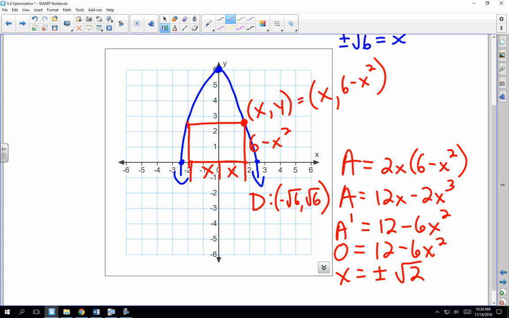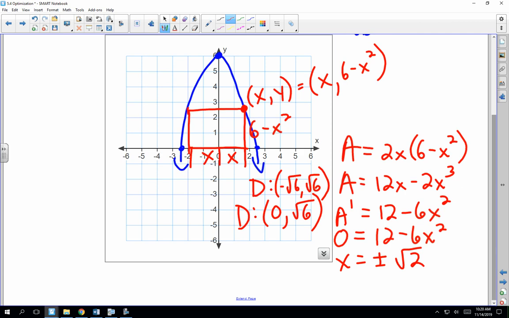Obviously, you can throw out the negative root 2. We could really say the domain here, let's shorten this, I could just do half that, right? 0 to root 6. I'm trying to find the dimension. In the graph, yes, it's negative root 6 to root 6, but really, in real life, it's 0 to root 6 because I'm finding a positive value x. So just root 2. So x equals root 2 is our critical point here. Call that a CP, a critical point.